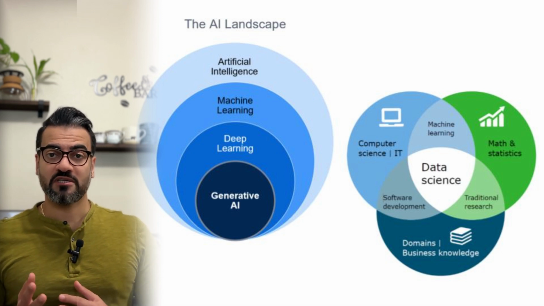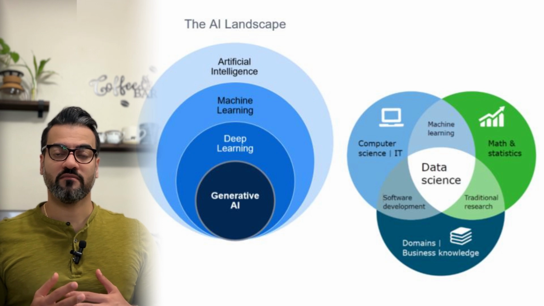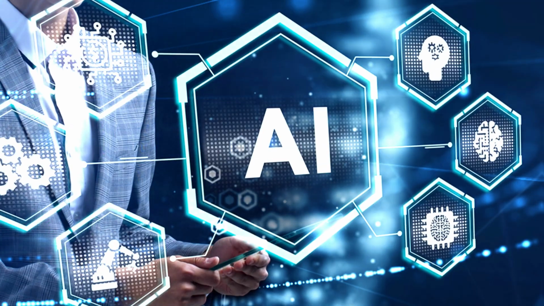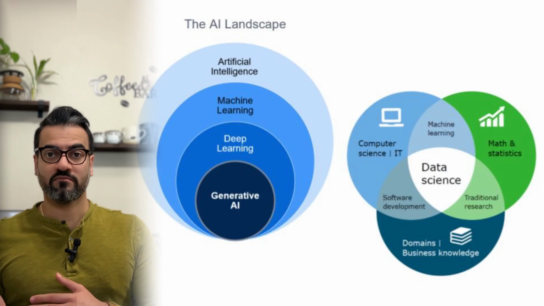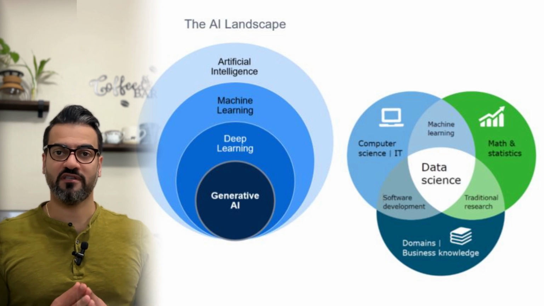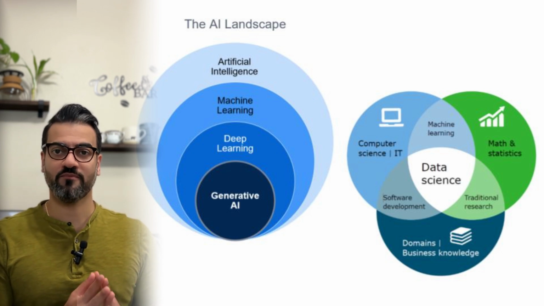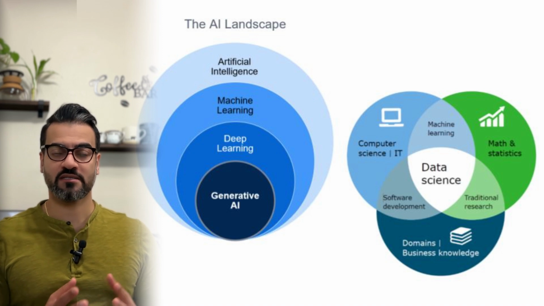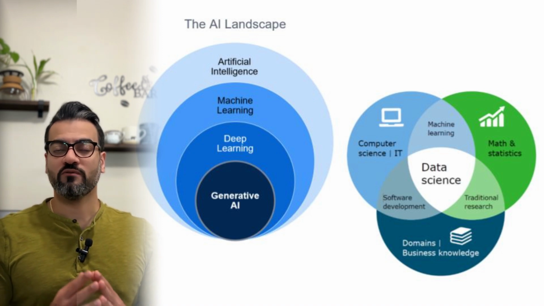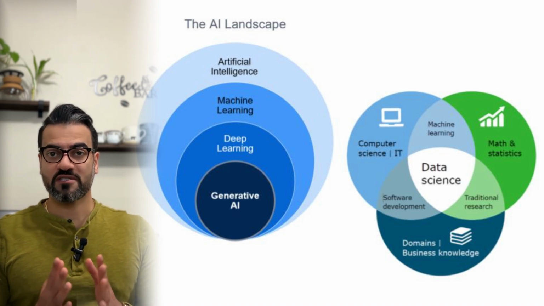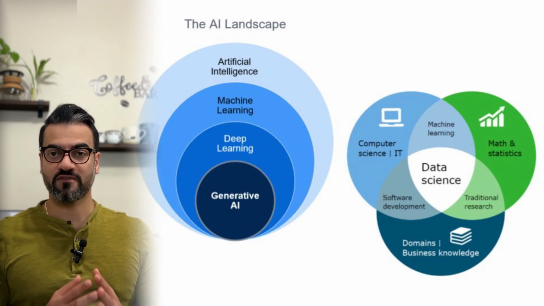I see a lot of companies do the opposite because generative AI is new and hot. Everybody wants to get some piece of generative AI in their company before doing the traditional and more established AI projects of data science. So I would recommend enterprises go for data science projects first.